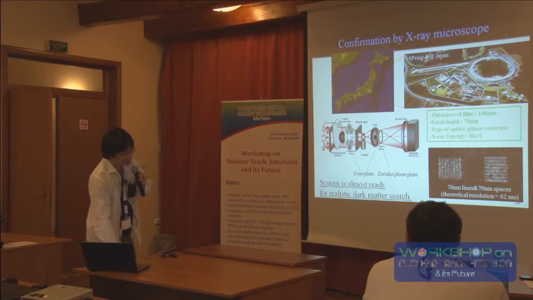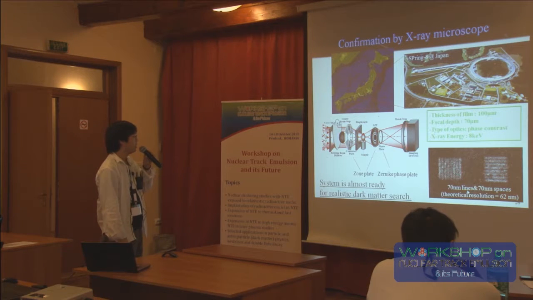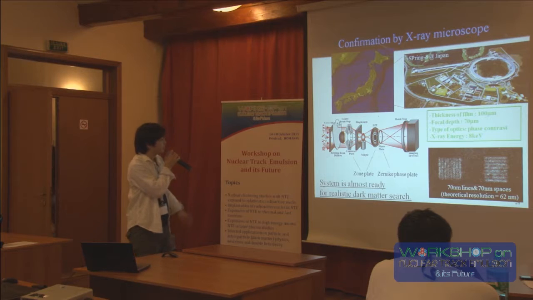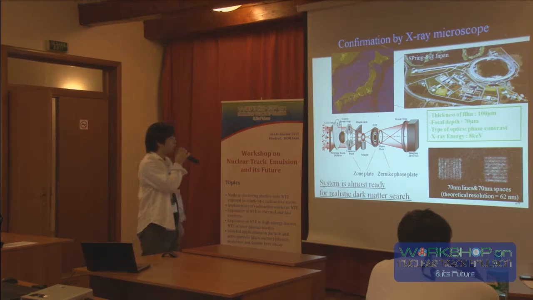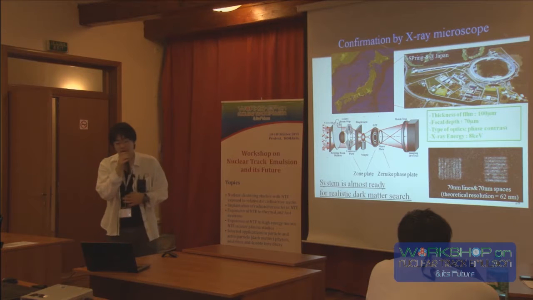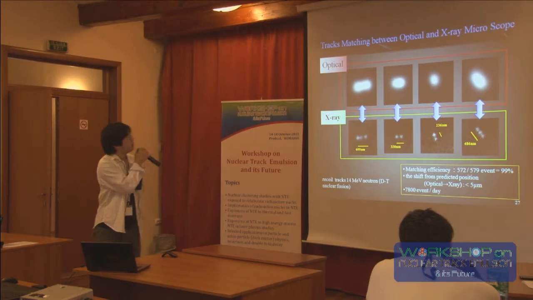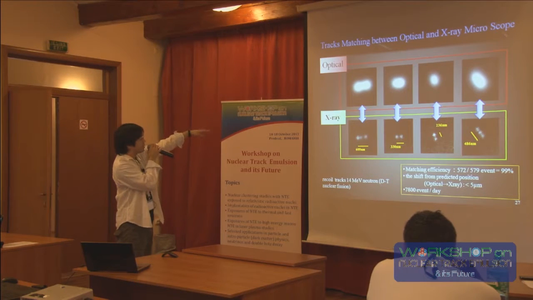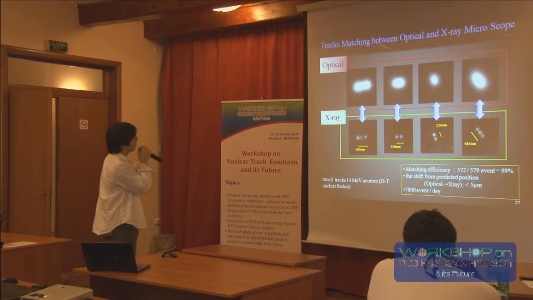In this picture there are 17 nanometer lines and 17 nanometer spaces, and you can find each line. The theoretical resolution is calculated as 62 nanometers. You can see that the optical image becomes very clear tracks in the X-ray image.